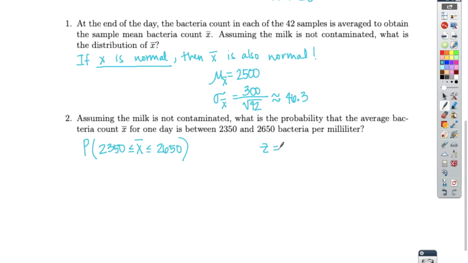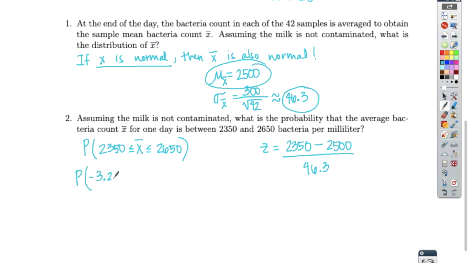Z equals, so I'll start with my first X value, 2350. I'm going to subtract the mean, 2500, and I will divide by the standard deviation, 46.3. And when I throw that into my calculator, I find a Z-score of negative 3.24.